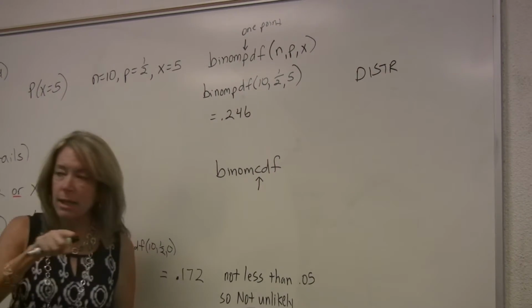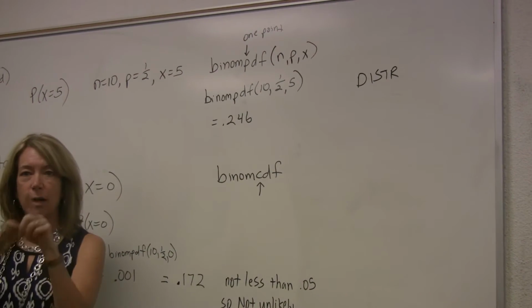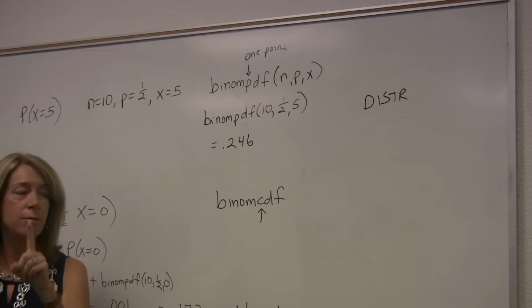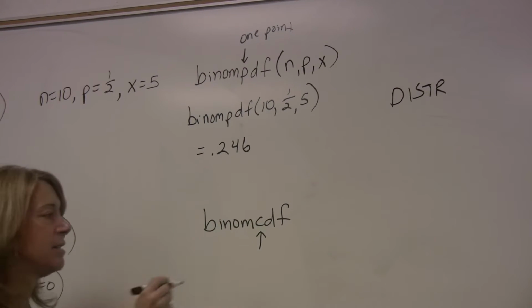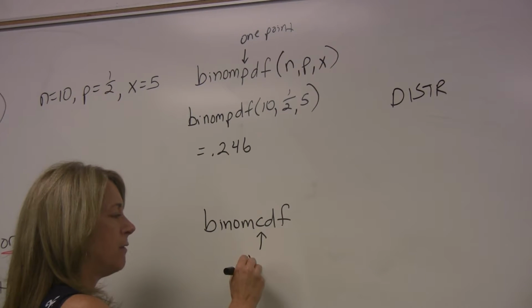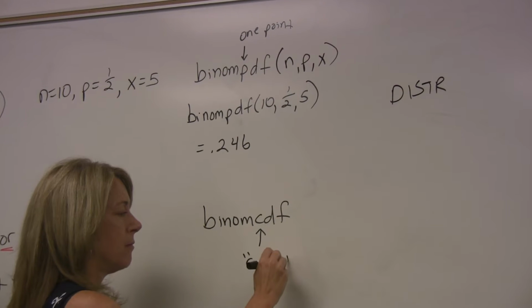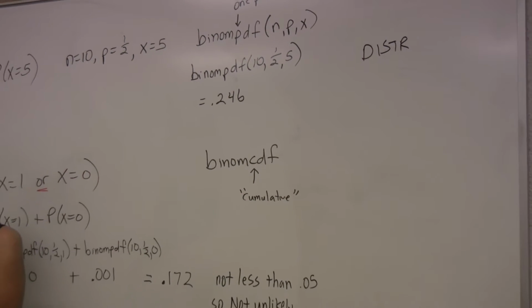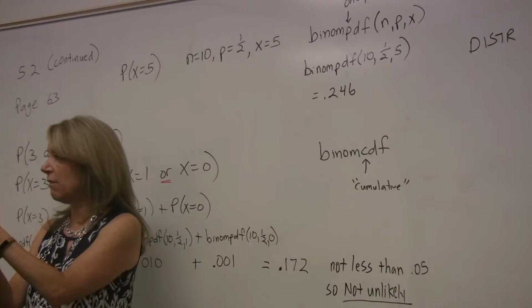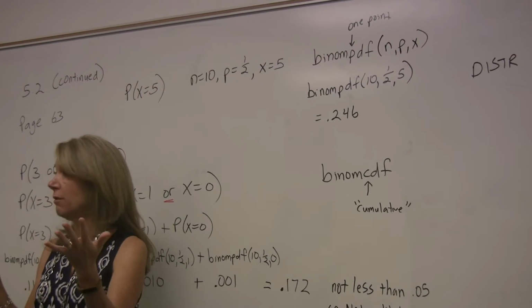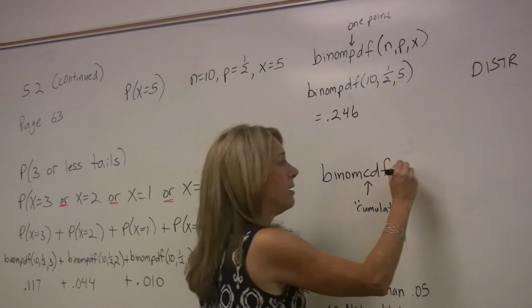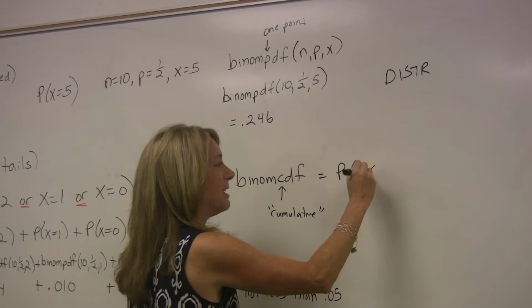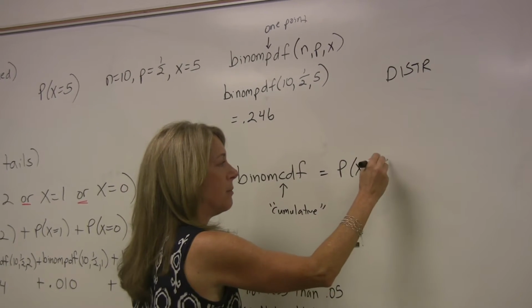Like you're going to point right at the 5, right at the 3, right at the 1, only one particular X value. The CDF, the C stands for cumulative. It finds exactly this probability that we just did. It finds the probability of everything from 0 up to your value. So this would find the probability that X is less than or equal to some number.